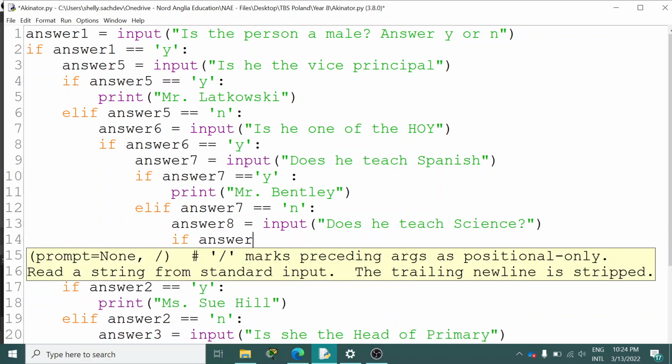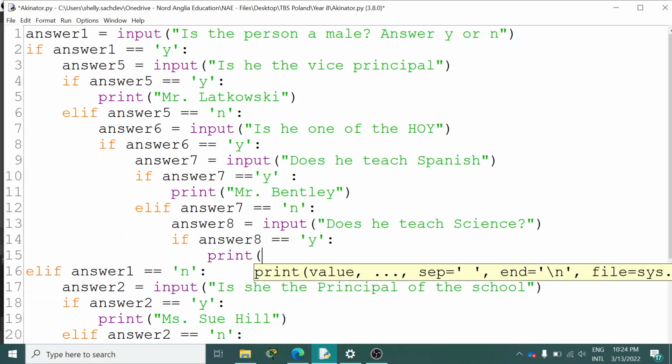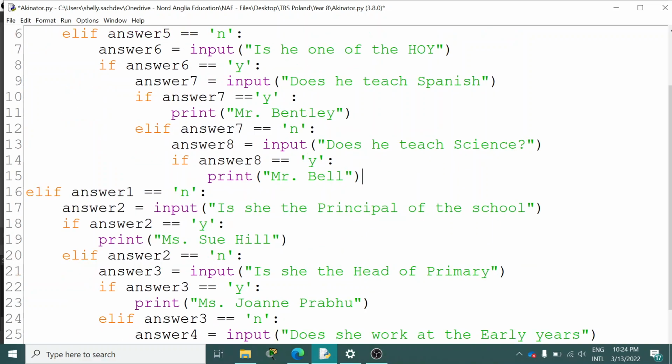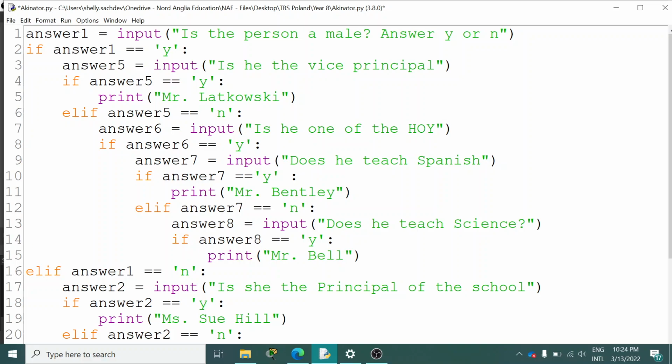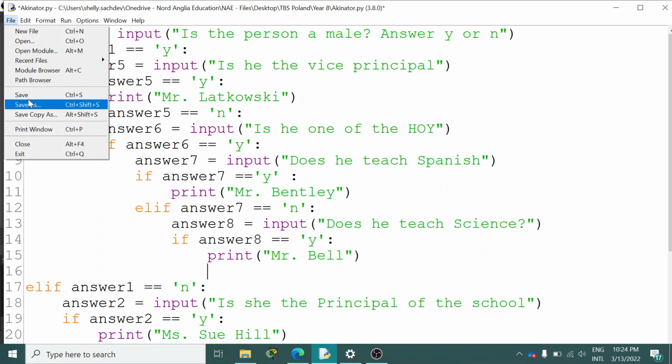If answer 8 is equal to y, that yes, he teaches science, then print Mr. Bell is the answer. Okay, right? So over here I have made some more variety. So you can even add more positions over here, more people, more database. I mean, you can build a variety of database. Let me just save it and run.